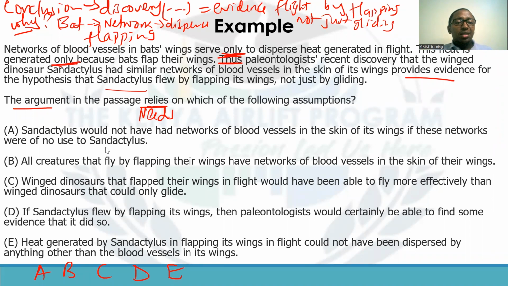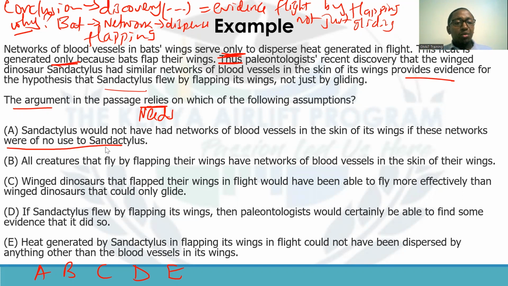Because we are saying that having these blood vessels is evidence that the Sandactylus flew by flapping its wings. So why does it serve as evidence? Because these networks of blood vessels help with cooling. So what if the Sandactylus would actually have these networks of blood vessels, but they didn't serve any purpose?